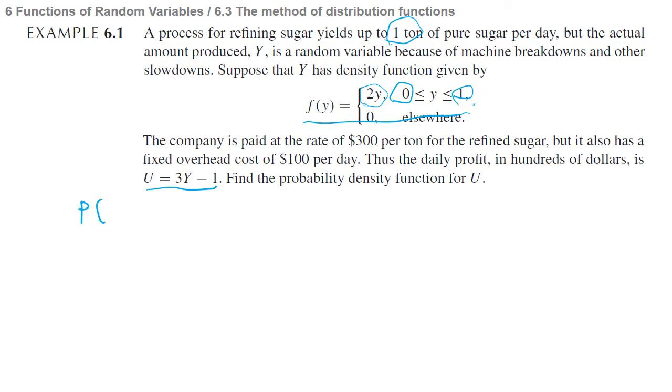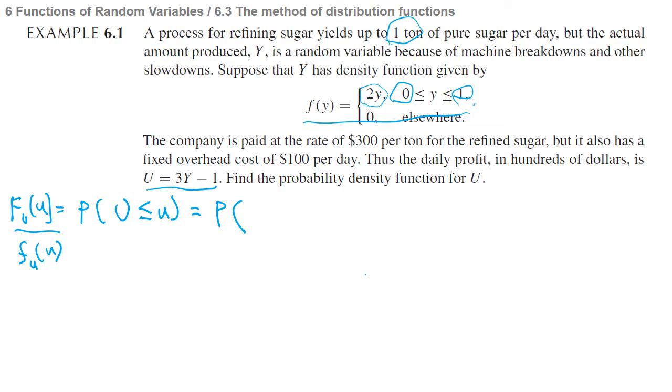Okay, so we want the probability of U less than or equal to small u. By the method of distribution functions, we calculate this directly to find F_U(u), and then we differentiate F_U(u) to find the density function for U. So what is it? The probability of U less than or equal to small u.